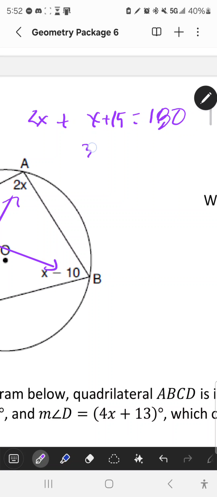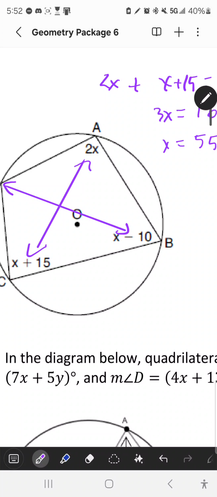Now 2x plus x is 3x, and then 180 minus 15 is 165, and then 165 divided by 3 is 55. So x equals 55.